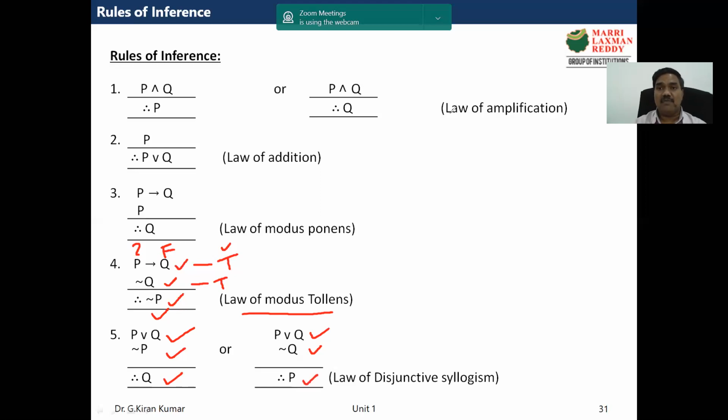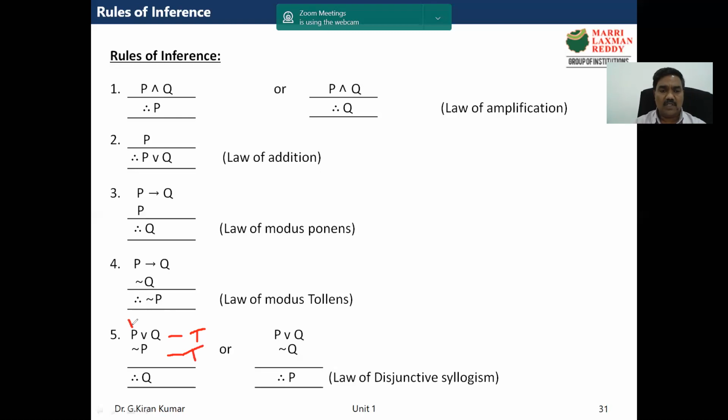Okay. Let us verify how it is valid. Now understand this. It is given that P or Q is a premise, that means P or Q is true. And it is also given as another premise, negation of P is true. If negation of P is true, what must be the P value? It must be false.